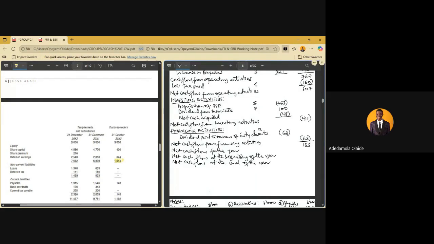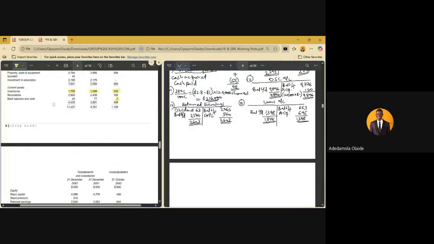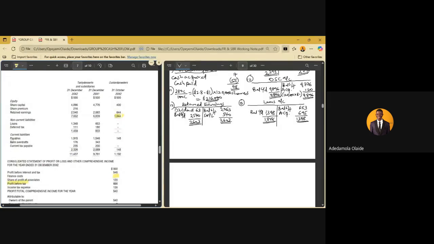Okay. So before we get the net cash flow at the beginning, we have to adjust our cash and cash equivalent. Why? We have one cash and cash equivalent item here, we have another one here. So we'll say note 14, adjustment of cash and cash equivalent item.